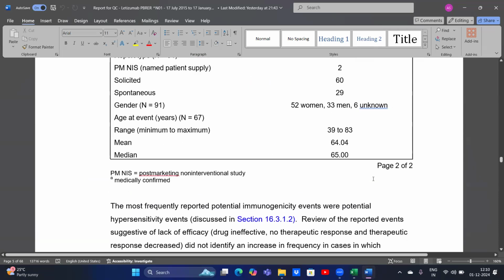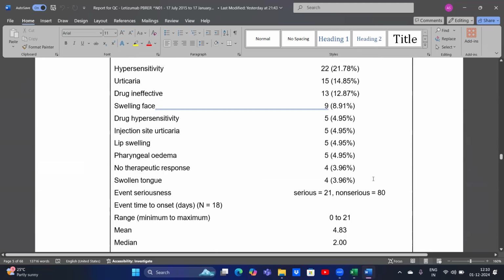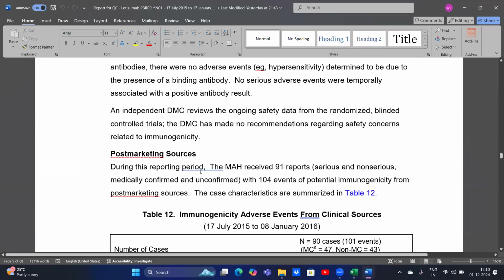See, this is an important potential risk. See how they have presented.